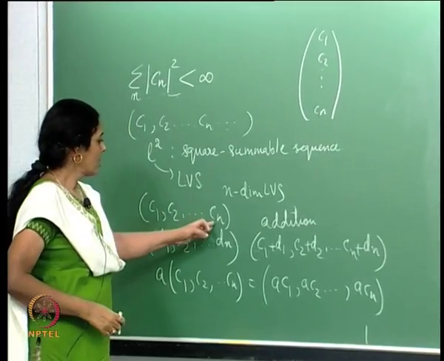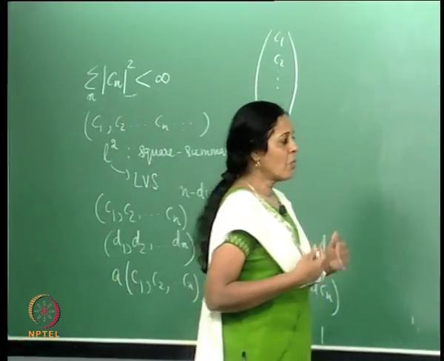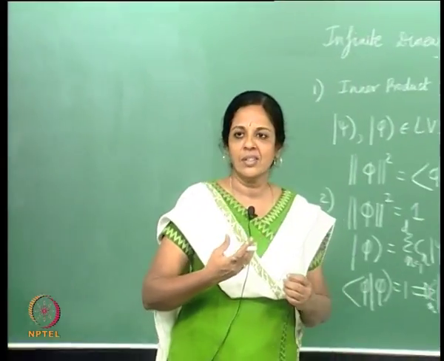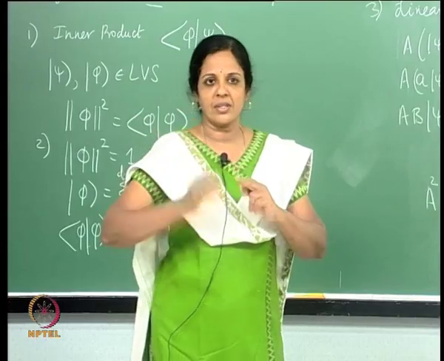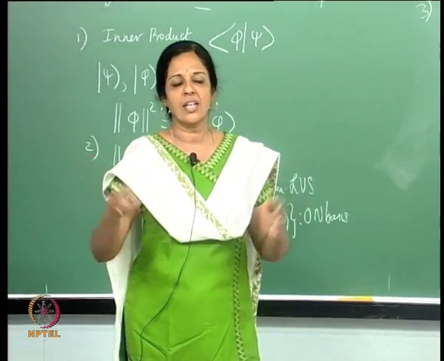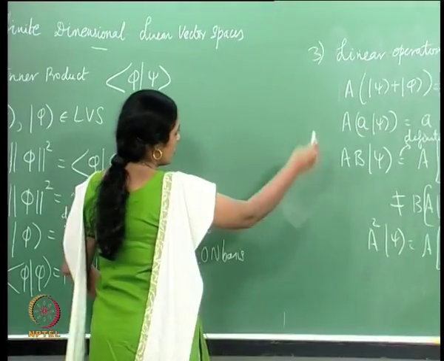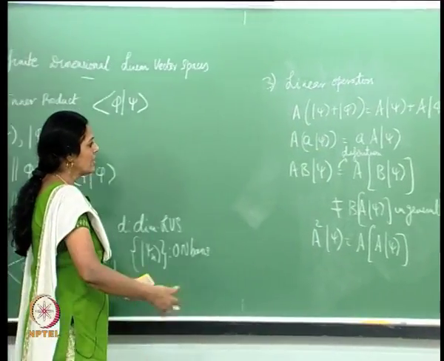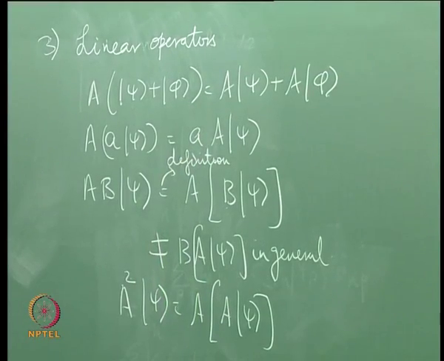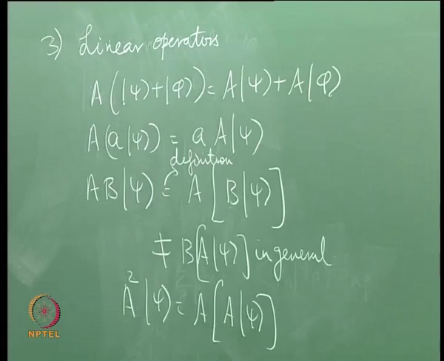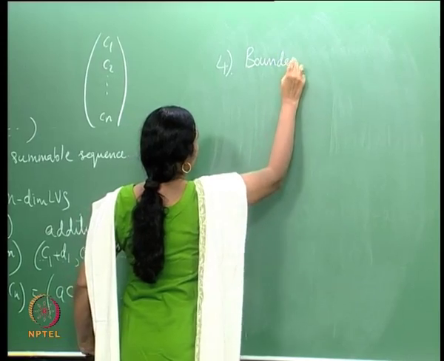And if I know all the elements of this sequence, I know the state of the system, because mod Cn squared gives me the probability of the component of the state psi along the basis state phi n, where psi is the state that I have expanded in terms of the basis set phi n. So the concept of linear operators again continues to be in infinite dimensional linear vector spaces. There was another crucial aspect in linear vector spaces which we saw, and that was bounded operators.